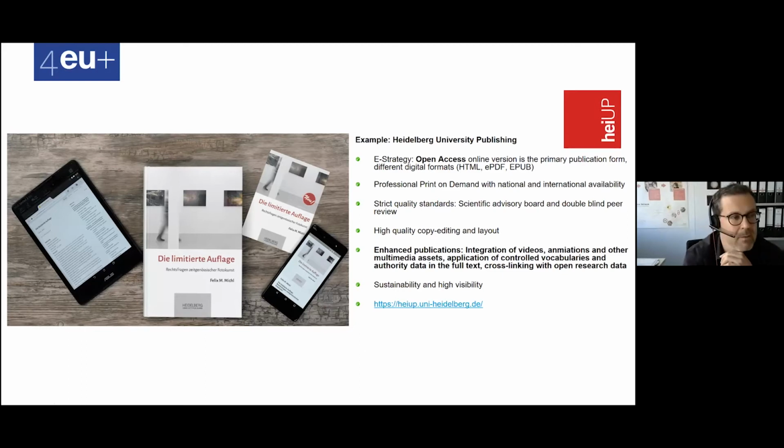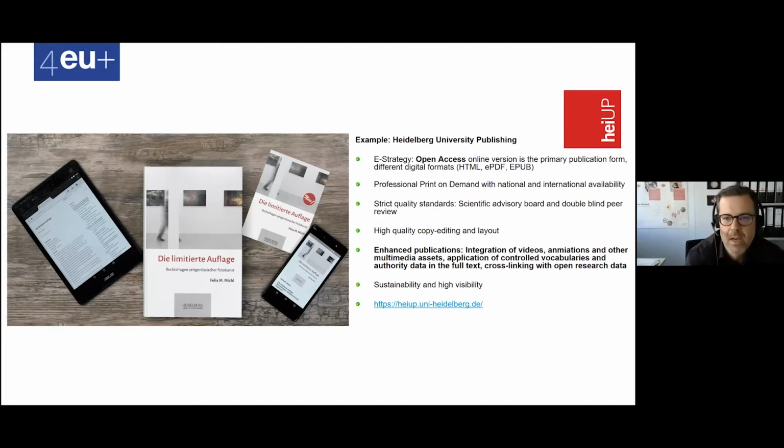What we really try to do with Heidelberg University Publishing is that we also try to produce enhanced publications in our open access publishing house. Not only PDF files which imitate print books, and these PDF files are then available open access, but we really try to make use of the possibilities the electronic medium brings with it.